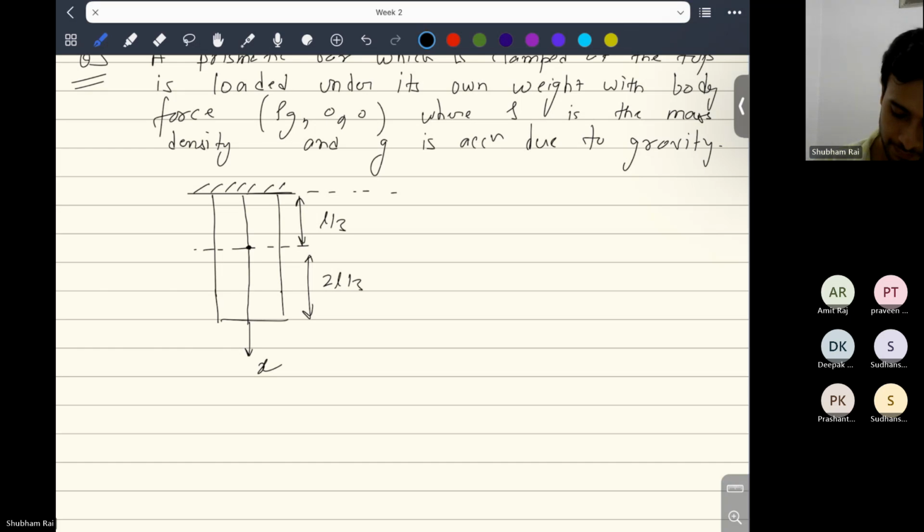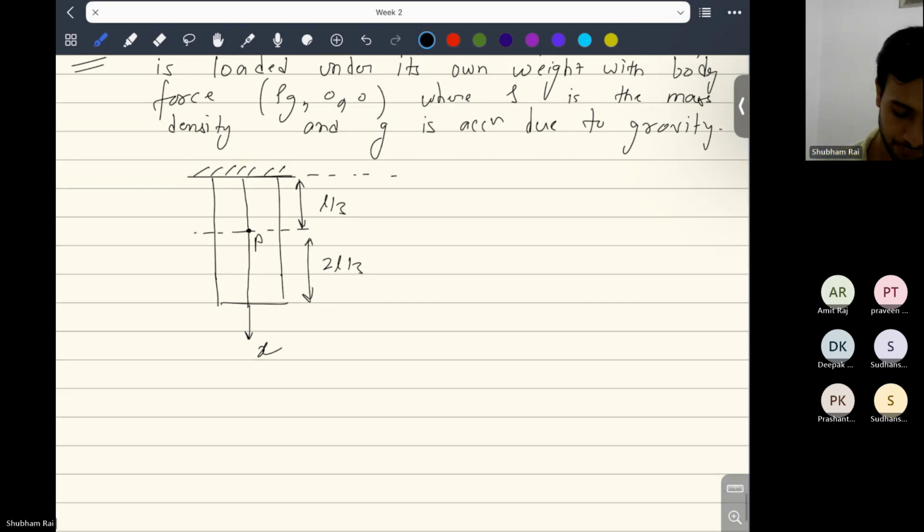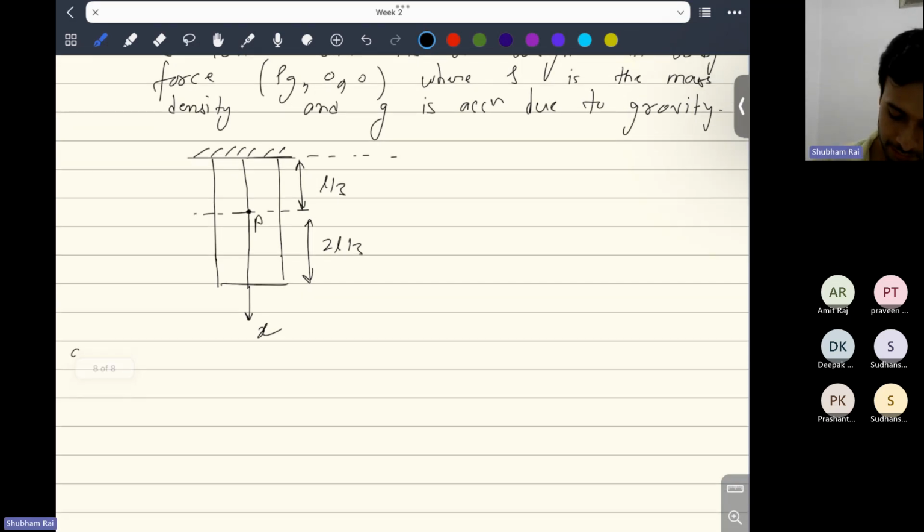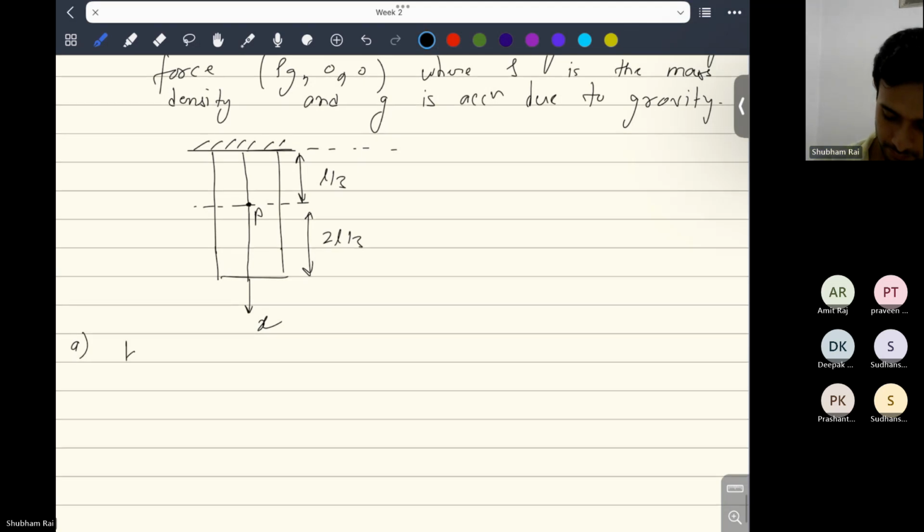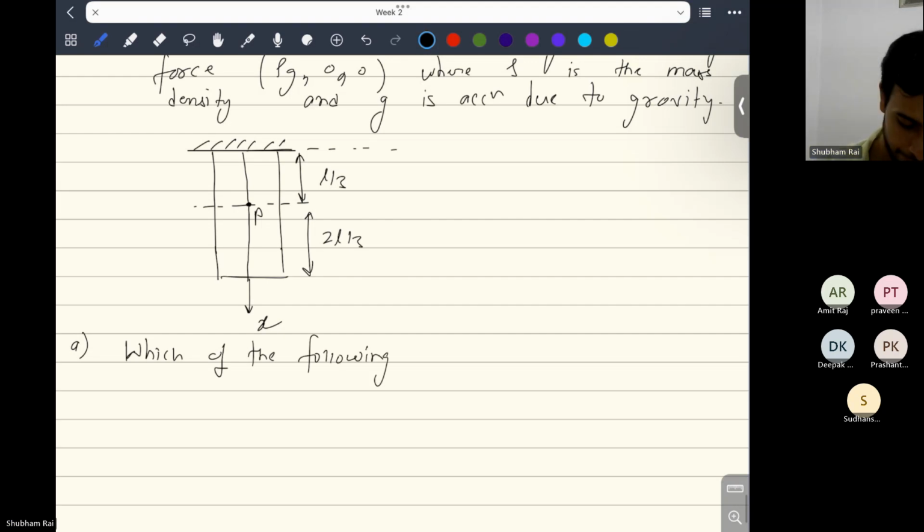And this is point P. So part A is you have to tell which of the following is or are correct. Maybe multiple correct answers, related to the stress fields in this problem.